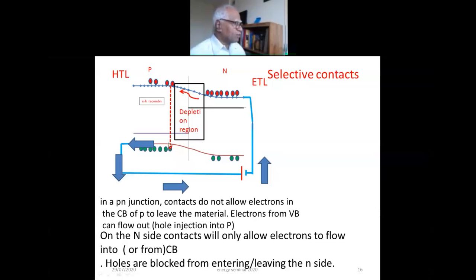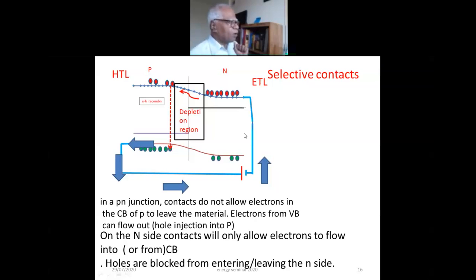Then this hole is filled up with the electron. This electron can get out in the external circuit like this, and then in the battery, it will be raised to the negative potential of the battery, and injected back into the N-type to complete the circuit.